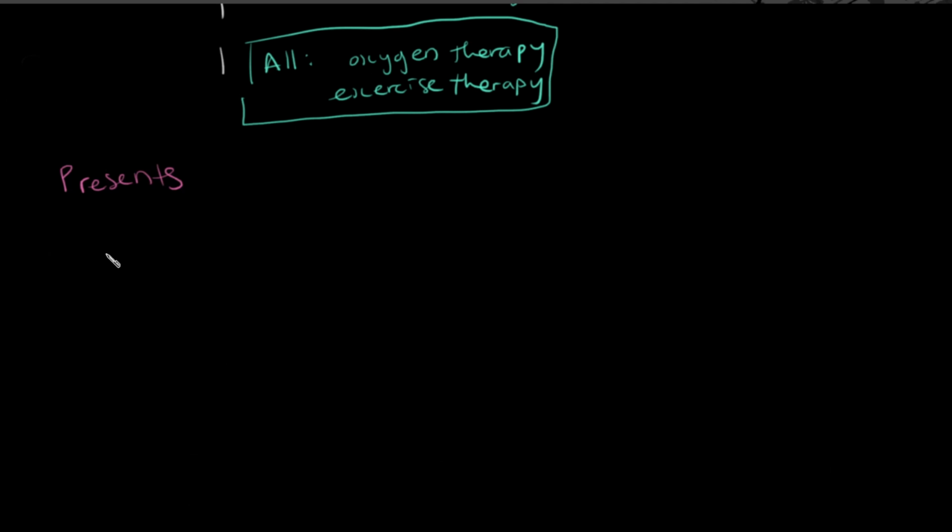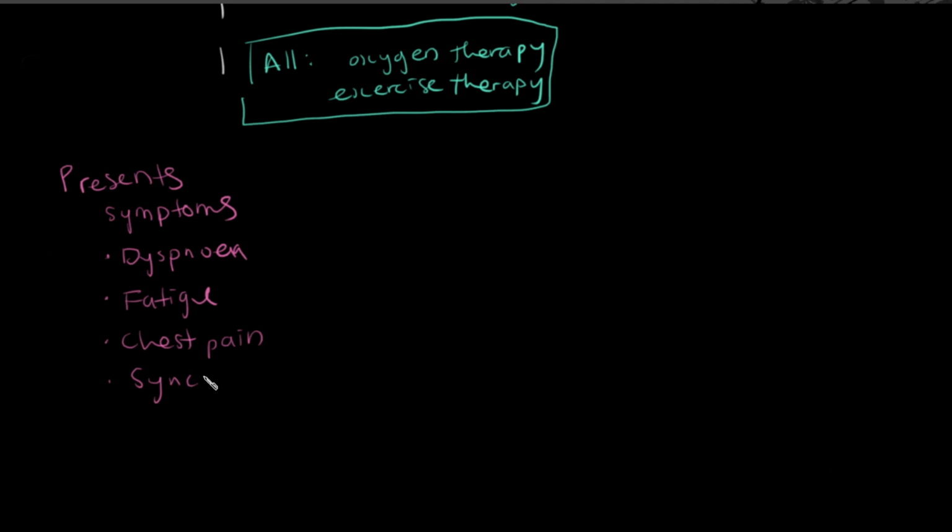And essentially, it's going to present with, in terms of symptoms, shortness of breath or dyspnea, fatigue, chest pain, or syncope. So it could be any of these. Of course, it can also present with the underlying condition.